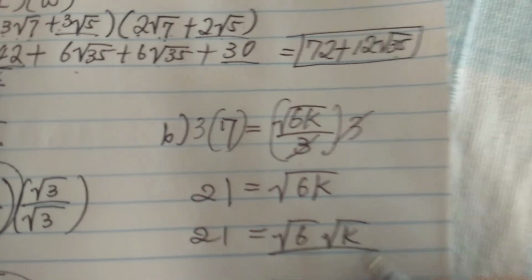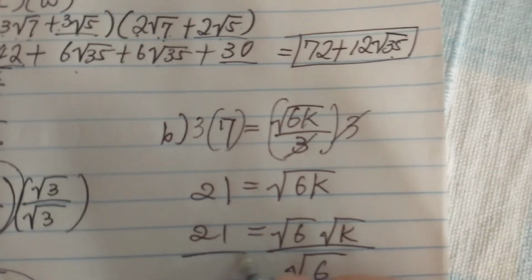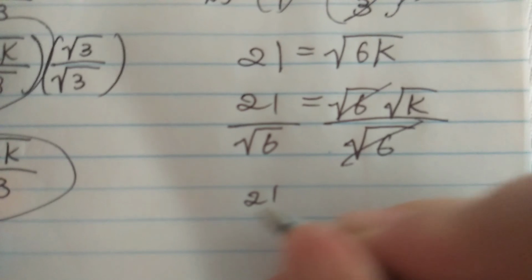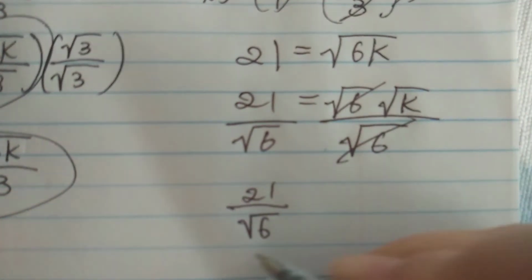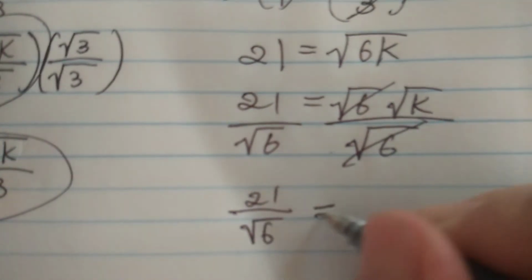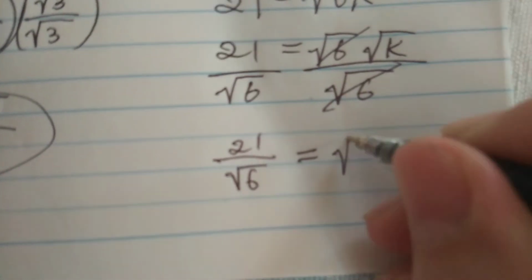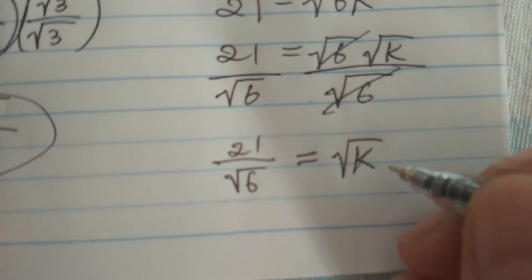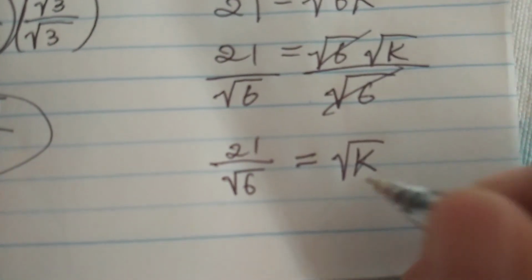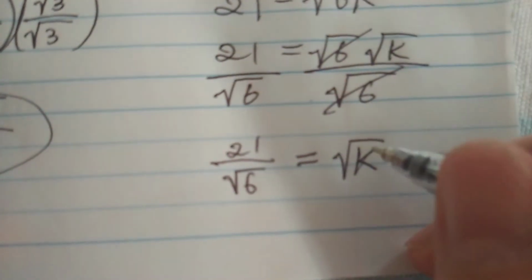So I can now divide this by radical 6 on both sides. That will remove this. So I have 21 over radical 6. Now I have a radical here on the bottom, but don't worry about it just yet because it will take care of itself later. So I have now radical k on this side. I'm almost there, I'm almost done with solving for k. This is radical k, it's not k yet.